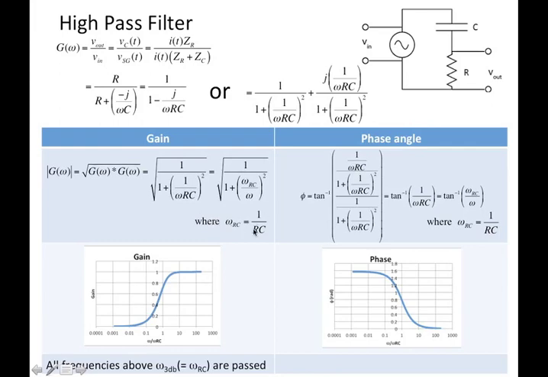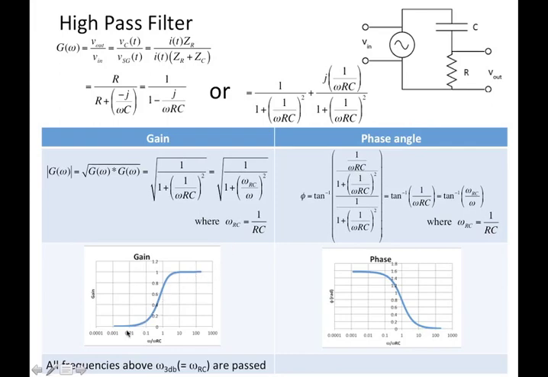So this is exactly the same as the low pass filter. Not surprisingly, it's the same circuit, just we're taking the output across a different component. And so the characteristics of the circuit are exactly the same, only in this case, it's omega RC over omega. So at low frequencies, this becomes very big, and so the gain is approximately 0. At high frequencies, this term essentially goes to 0, and the gain is just 1, which is what we want from a high pass filter.